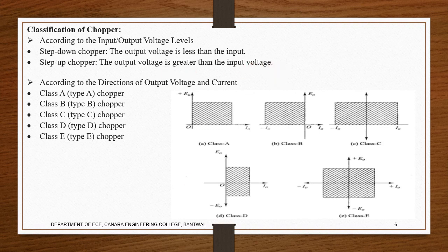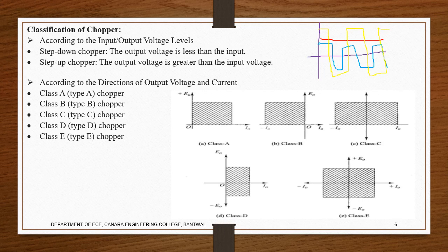So I can draw a graph like this. This is the x-axis, and this is a fixed voltage. I can denote the blue color as the step down, and this I can make as the step up.